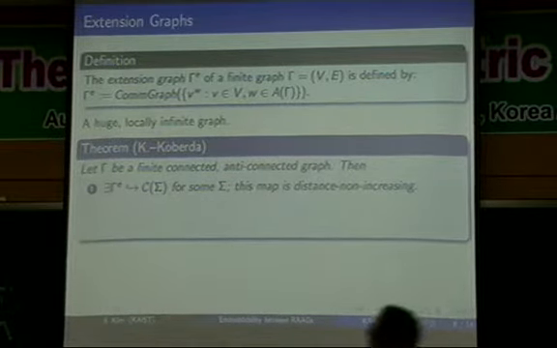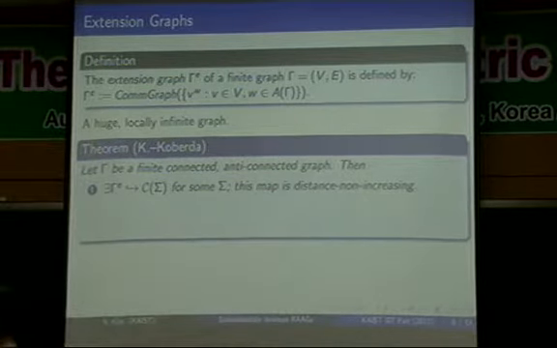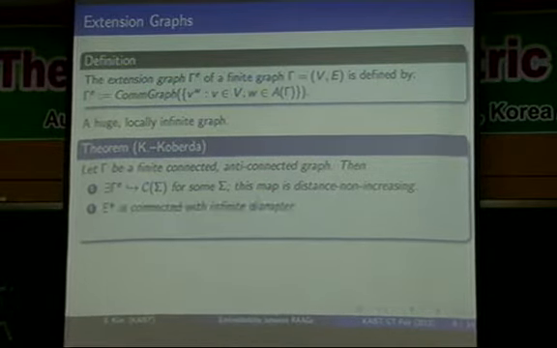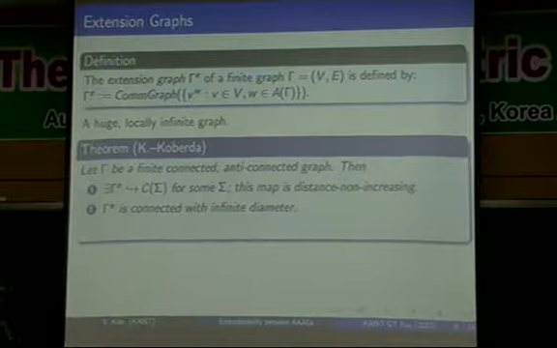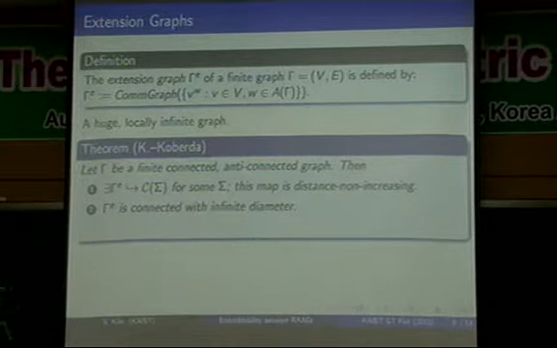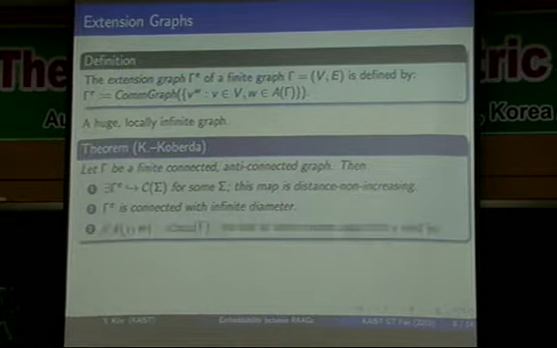So actually this means that it is a full subgraph, it induces a graph of the curve complex. If there is an edge in the target, it must appear in the source also. And it is connected with infinite diameter. Well, one interesting observation is if two vertices are far enough.